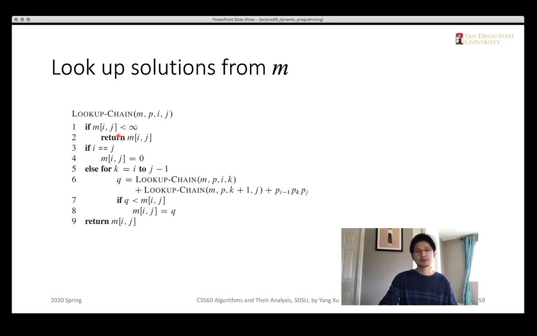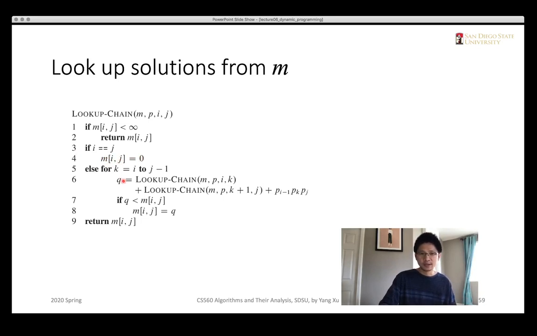If it's already a real value in it, we just return it, which means we already solved it once. If not, we continue executing the code behind. If i equals j, then it's a very primitive problem. We just put 0 into M[i][j].